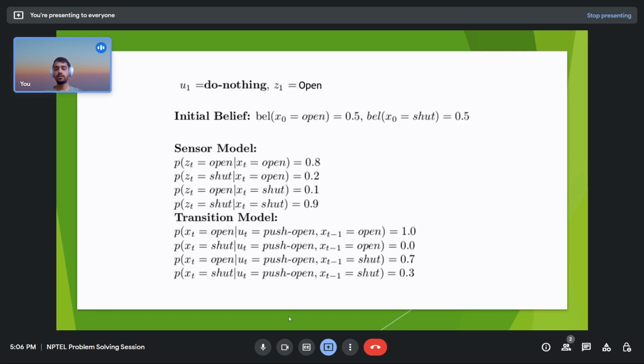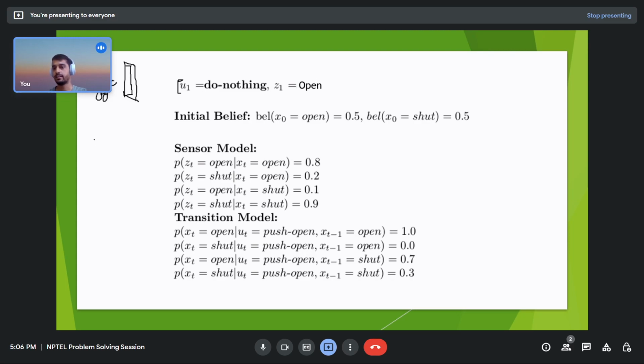So I think you might be very familiar with this problem, because it is very similar to what you were taught in the lectures. There is a door, and there is a robot here, and it wants to know if this door is open or not.